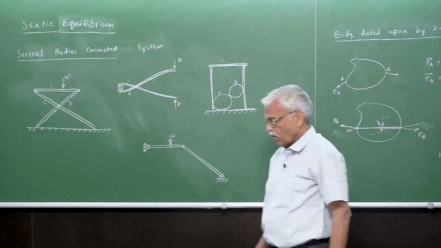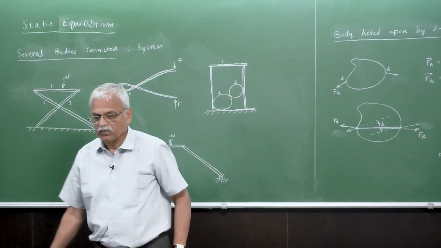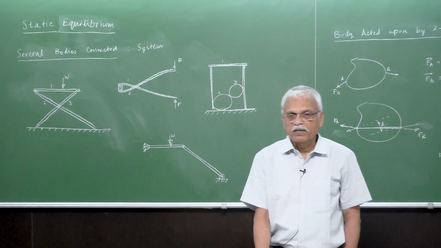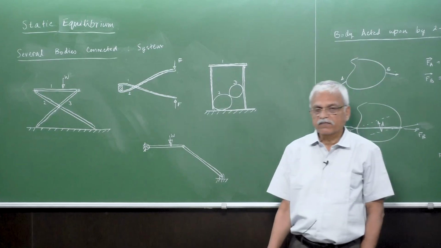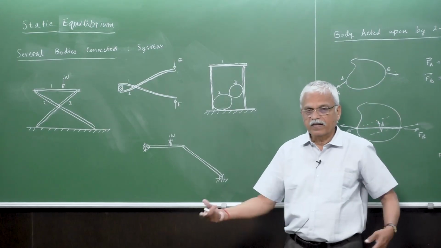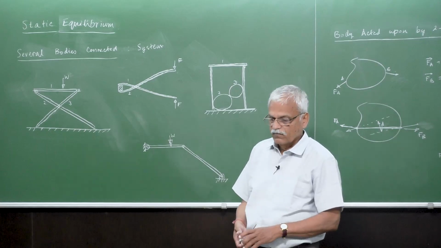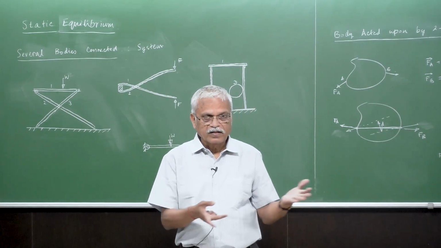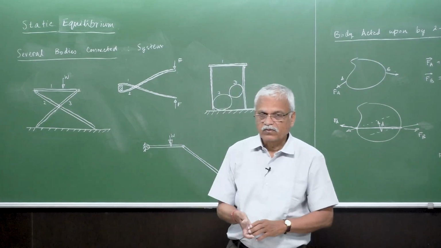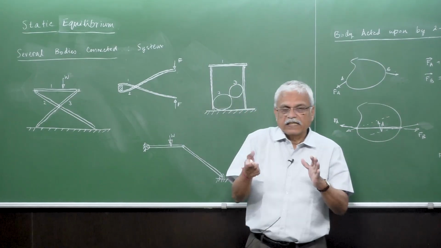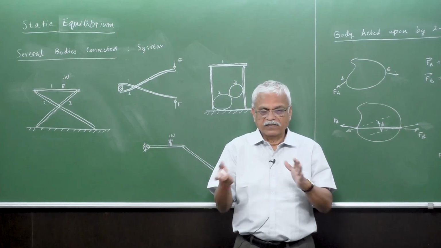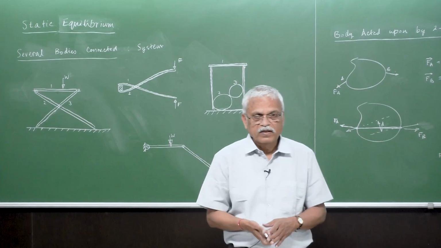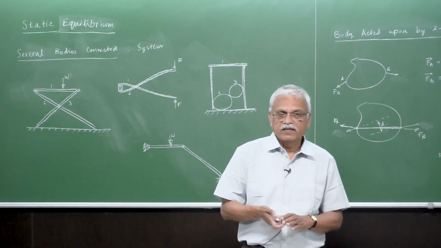There is one important principle here. If the system is under equilibrium, then any part of it is also under equilibrium, in the sense that the forces acting on it are balanced by the equilibrium equations so that it stays stable. It doesn't move. If the force is not balanced, obviously it is going to have some acceleration and move out.